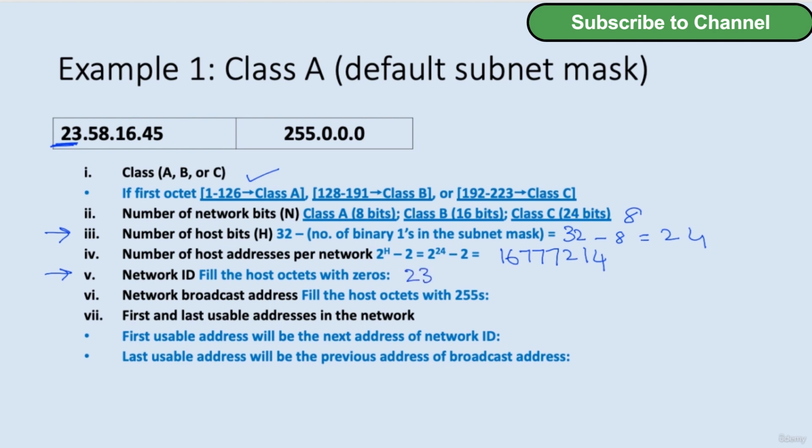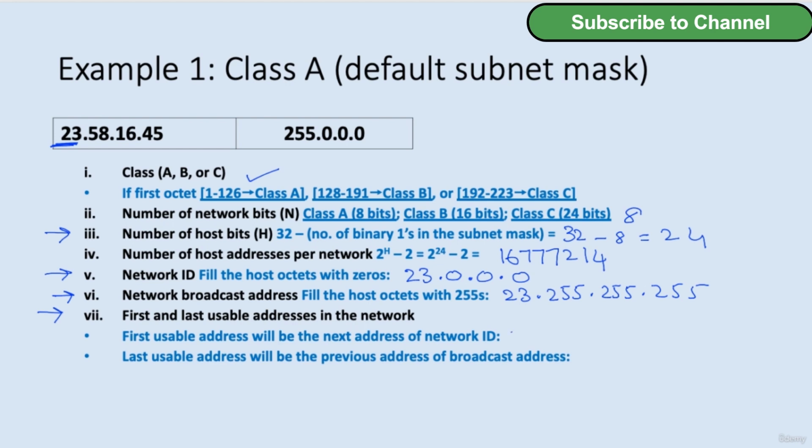That is 23.0.0.0. Okay. For the network broadcast address, the criterion is to fill the host octets with 255. So 23.255.255.255. And the first and last usable addresses in the network. First usable address is always the next address of the network ID.